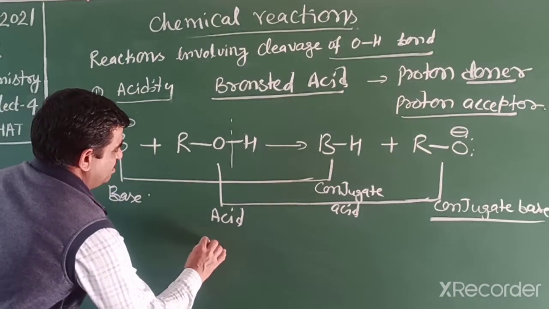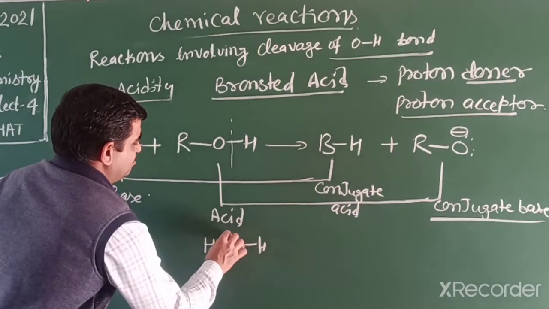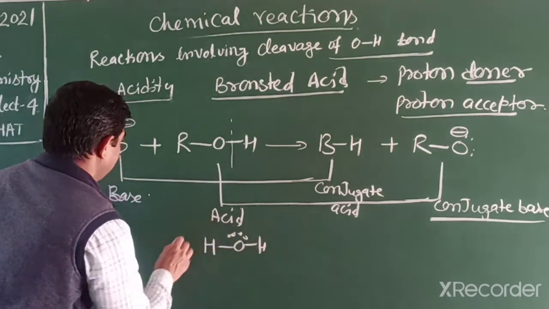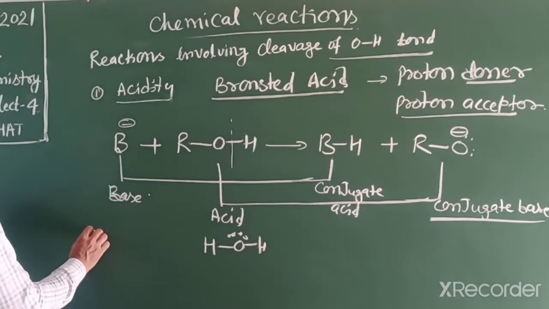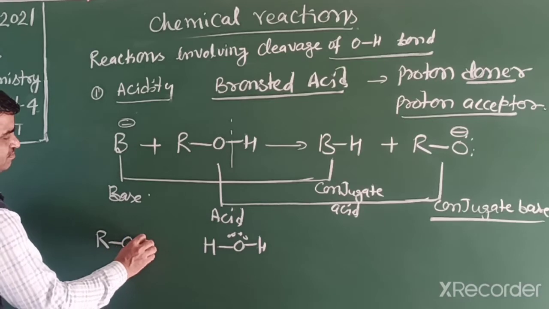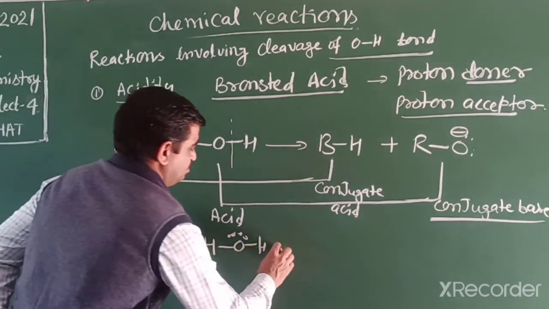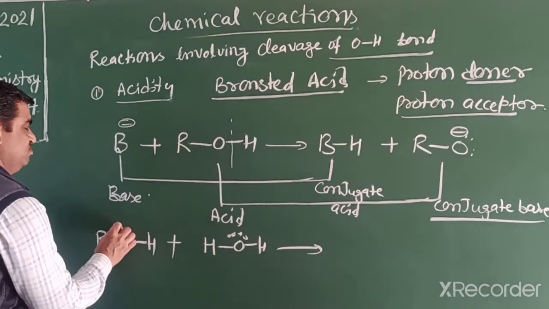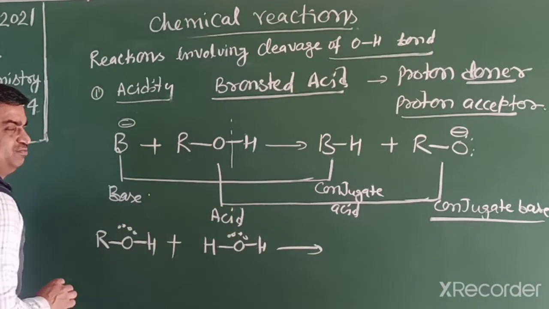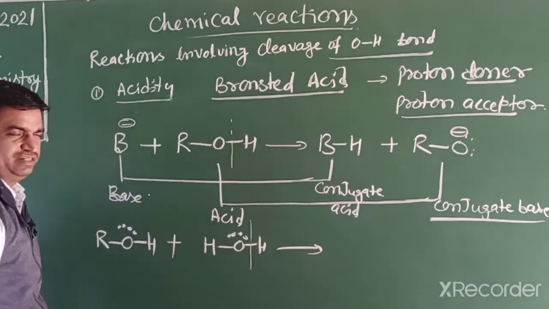If we compare here water, HOH, we know water has a lone pair, and we write alcohol here as an acid. Then what happens? Because water has a lone pair of electrons, who will donate?